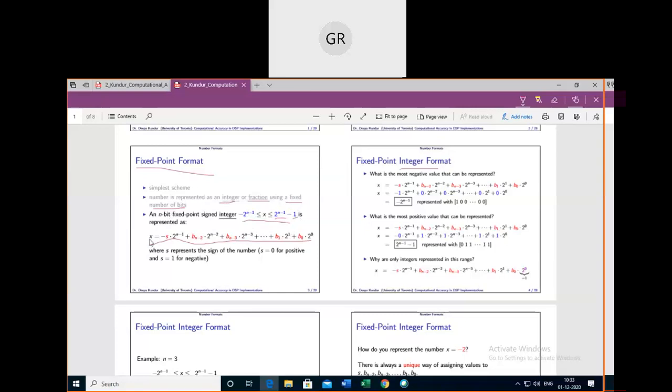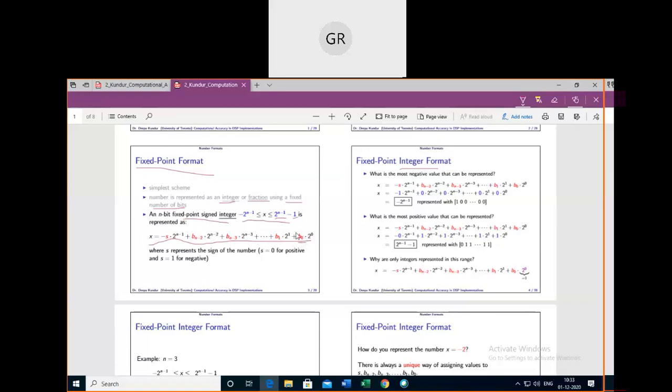This is for the fixed point signed integer format. X is equal to minus s into 2 raised to n minus 1, plus b of n minus 2 into 2 raised to n minus 2, plus b of n minus 3 into 2 raised to n minus 3, and so on, up to b1 into 2 raised to 1, plus b0 into 2 raised to 0.